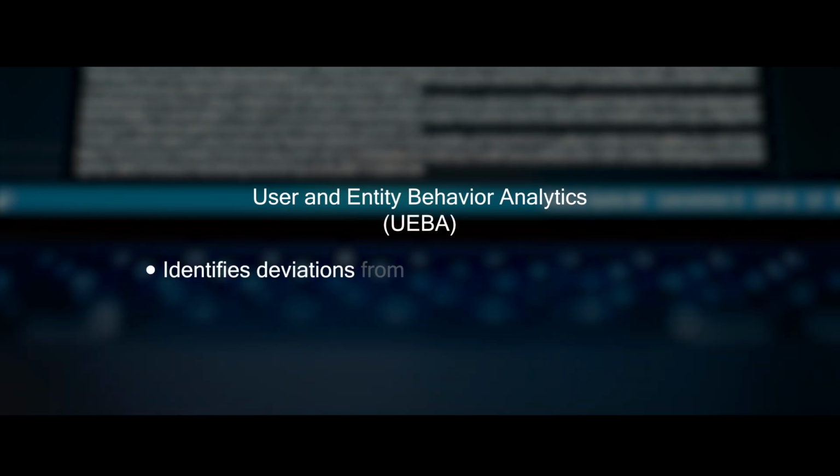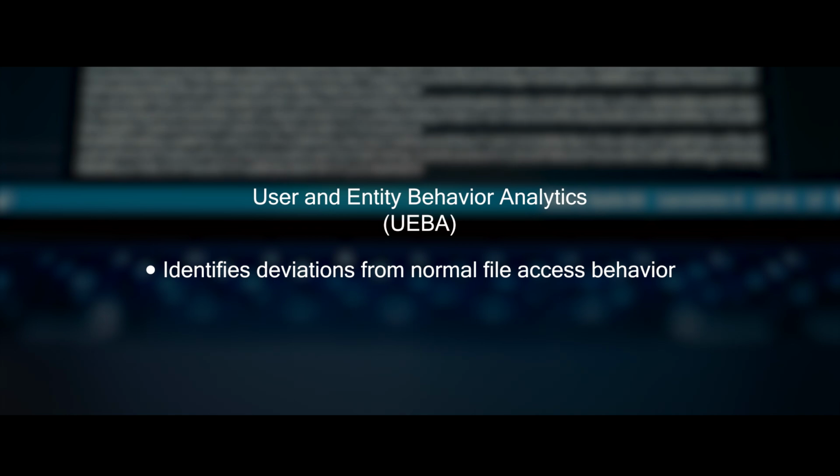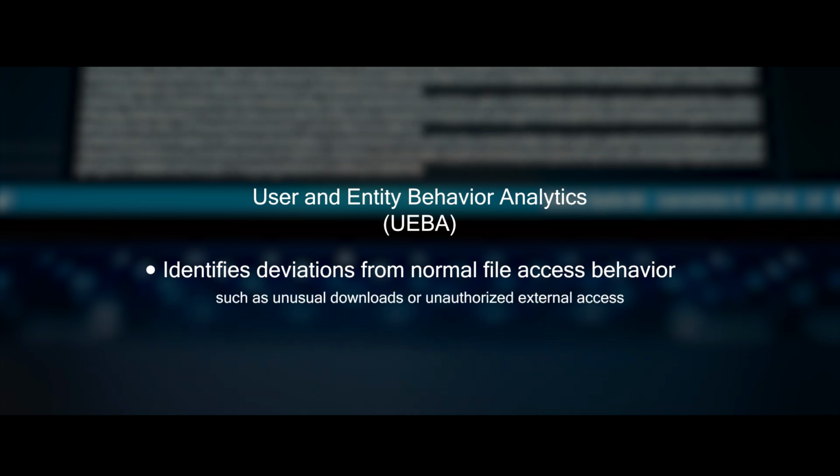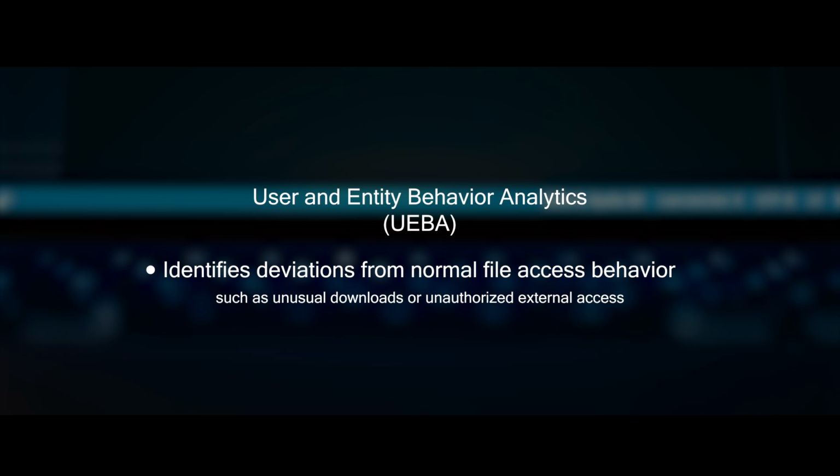Microsoft Sentinel detects and mitigates overexposure by monitoring file access patterns, permission changes, and data sharing activities, integrated seamlessly with our platforms, Microsoft 365 and SharePoint. Its user and entity behavior analytics identifies deviations from normal access behaviors, such as unusual downloads or unauthorized external access.